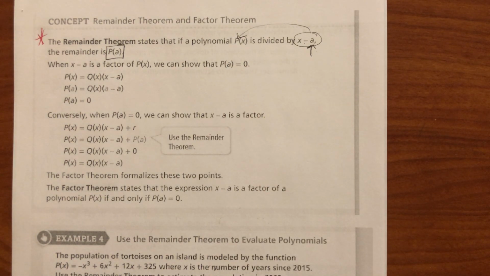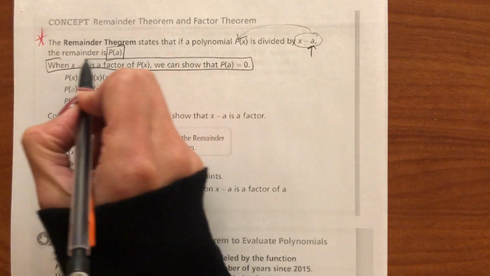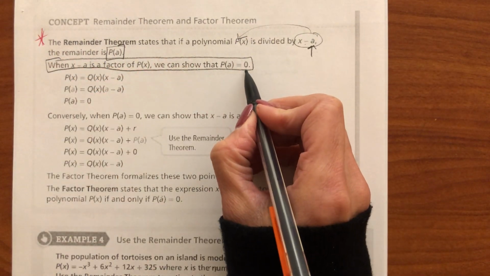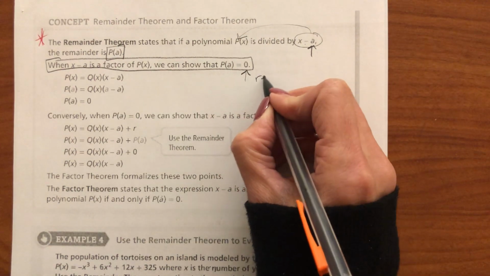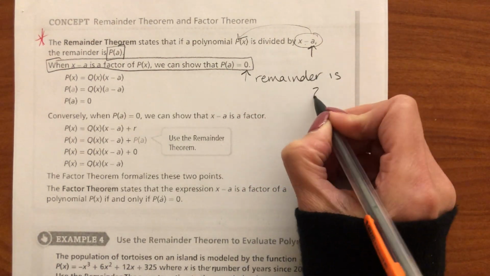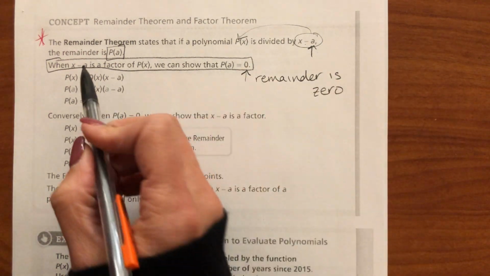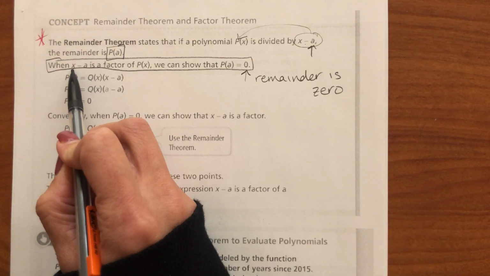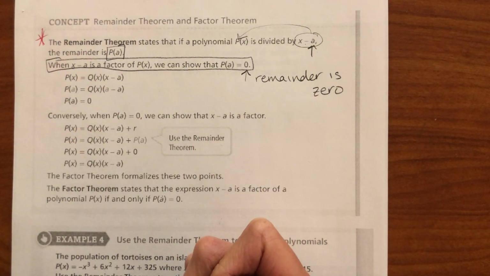All right? So one more thing. This is also very important right here. If you get a P of A of 0, or if your remainder is 0, then you can say that the divisor is a factor of that polynomial.